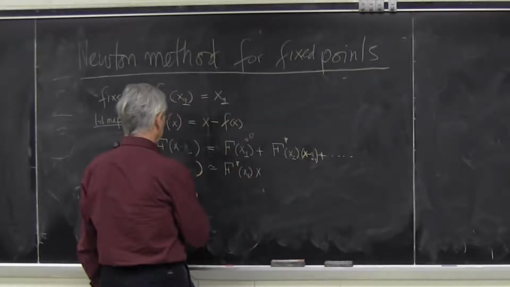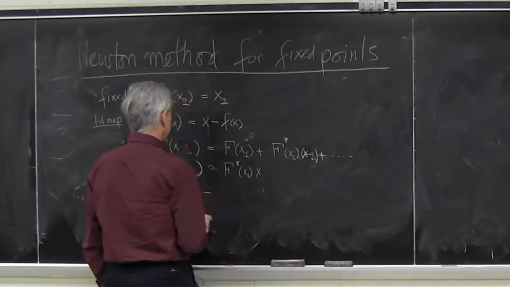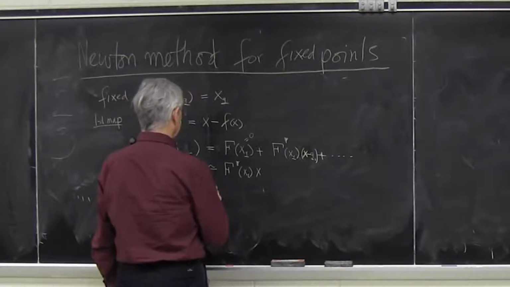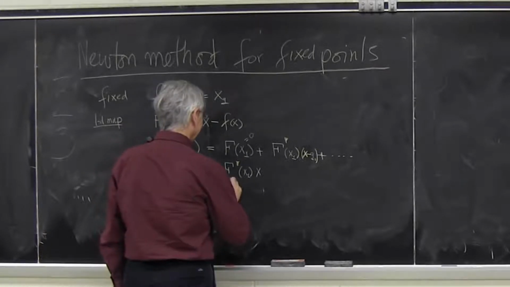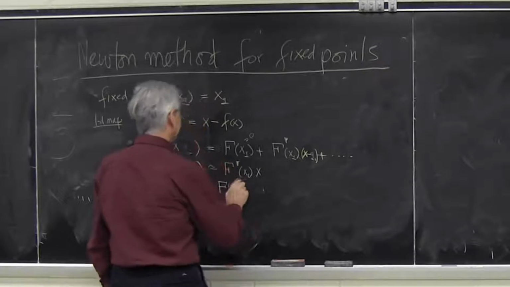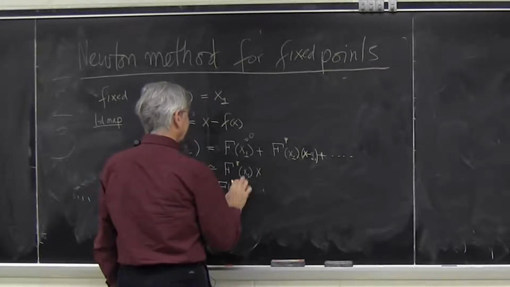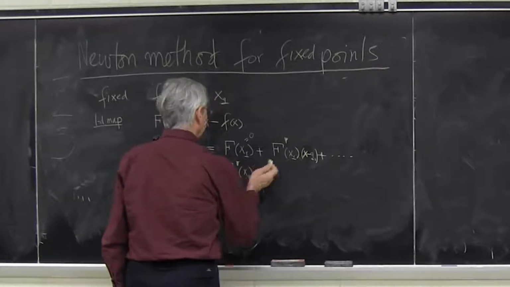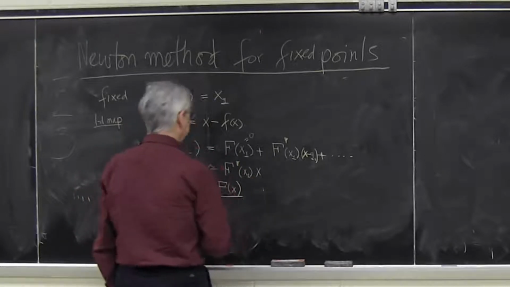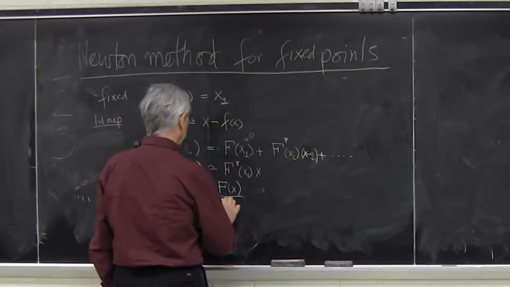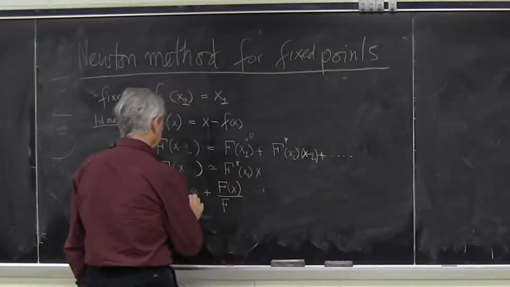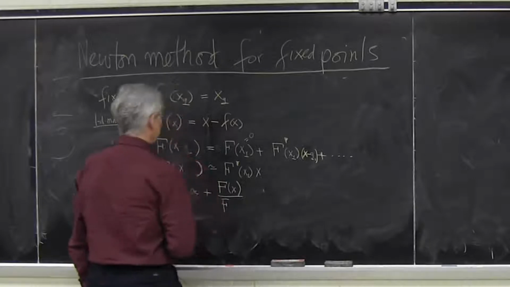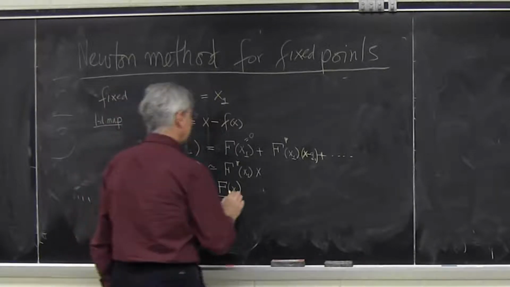So I have a formula for x approximately minus, well, it's still plus, f of x. And now, to first order approximation, we will assume that we are doing both things correctly.